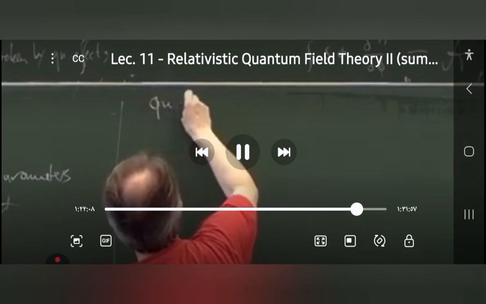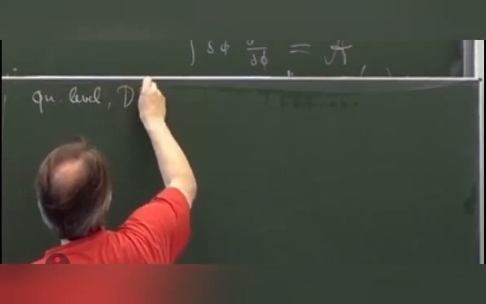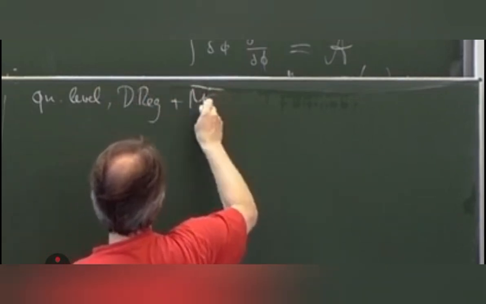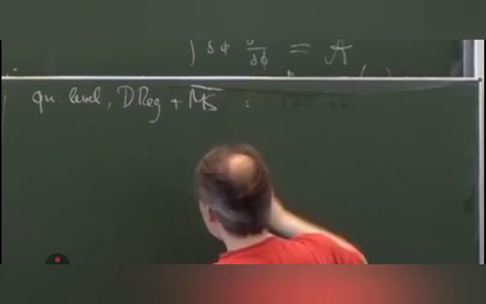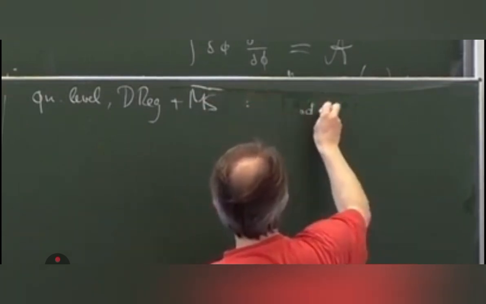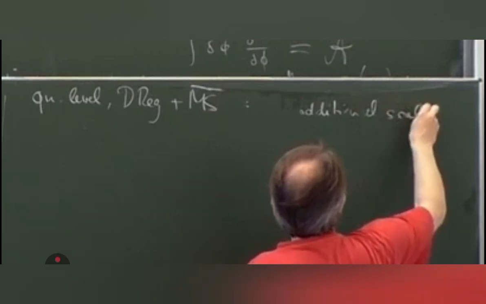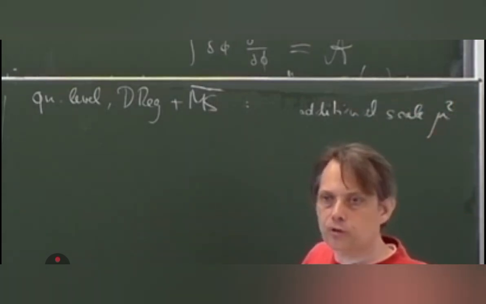and let us be specific for dimensional regularization plus MS-bar renormalization, which is one possible choice of renormalization. There is an additional scale, namely the scale mu squared, which appears in front of all the loop integrals.